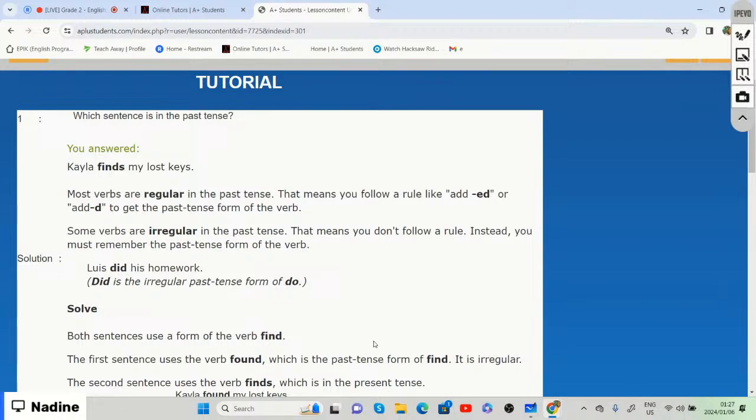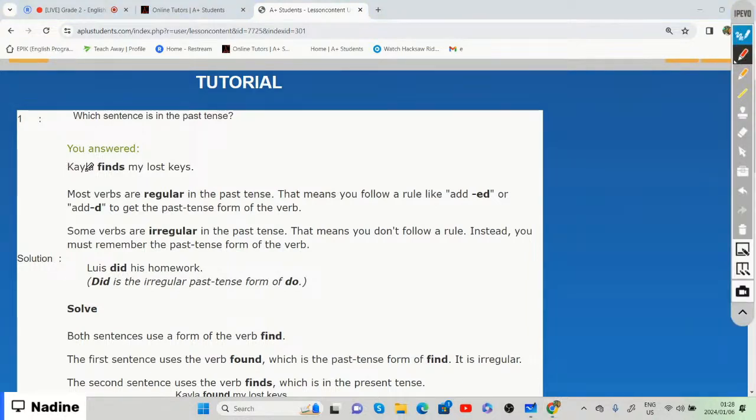So we now need to say which sentence is in the past tense, right? So if we look at the sentence that says, Kayla finds my lost key. If we change that word, especially finds, to the irregular past tense, then we're going to say, Kayla found my lost keys.